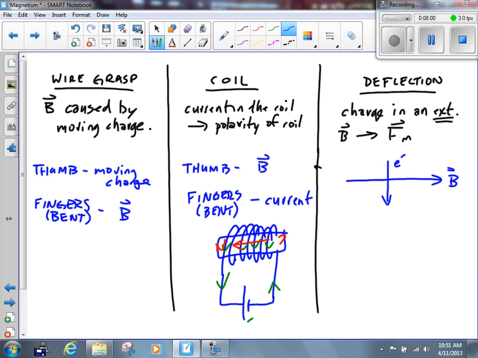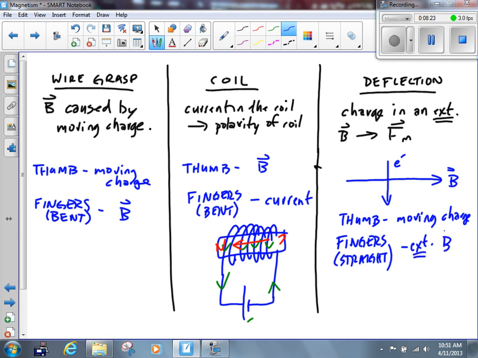Thumb goes in the direction of the particle, the moving charge. My fingers this time aren't going to be bent. My fingers this time are going to be straight, and they're going to point in the direction of the external magnetic field. So I'm going to say thumb down the page, fingers toward the right side of the page in the direction of the external magnetic field.